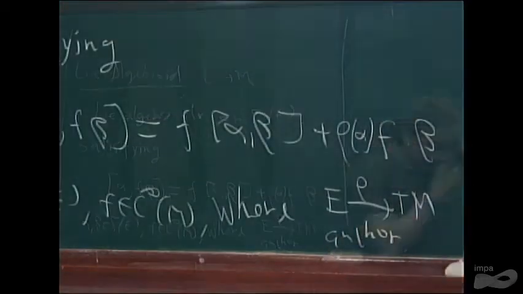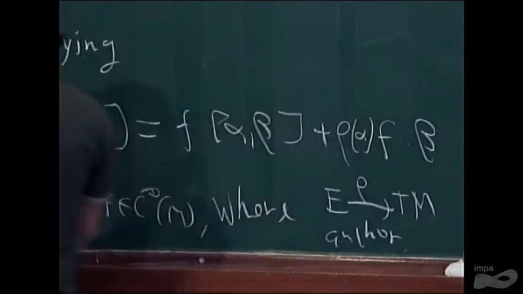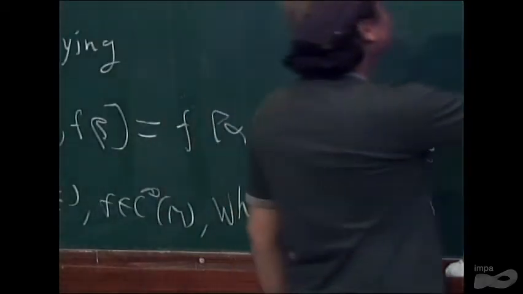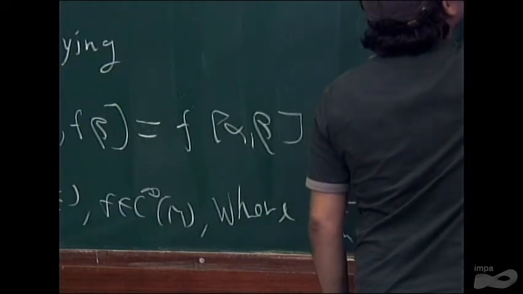So this is a Lie algebroid, and we have a well-defined notion of pullback on Lie algebroids. Let me state what the pullback is.